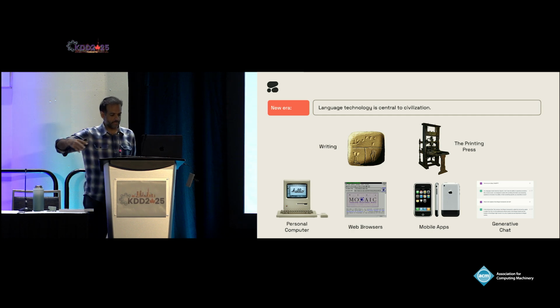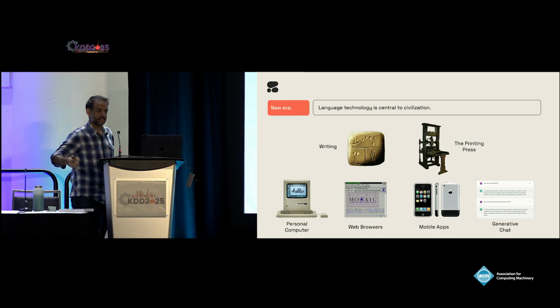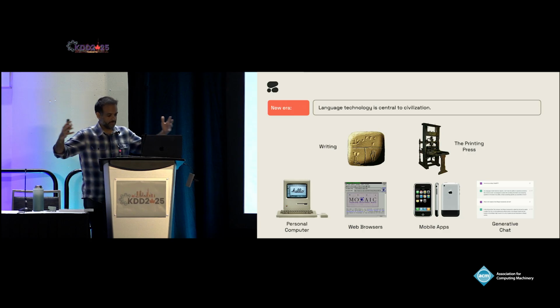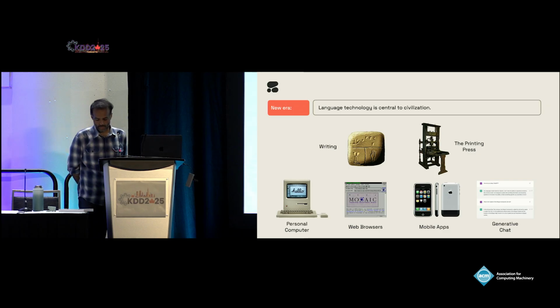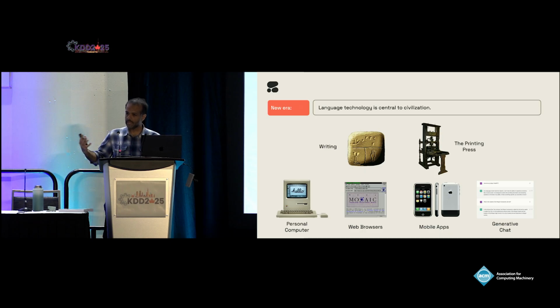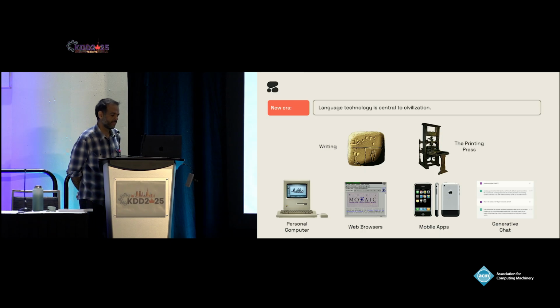10, 15 years later, we see mobile apps, and that also creates a ton of new opportunities, new kinds of jobs, new business models that were not possible in the past. So that changes the landscape of the world. And with large language models, this is most likely, this is definitely one of these.